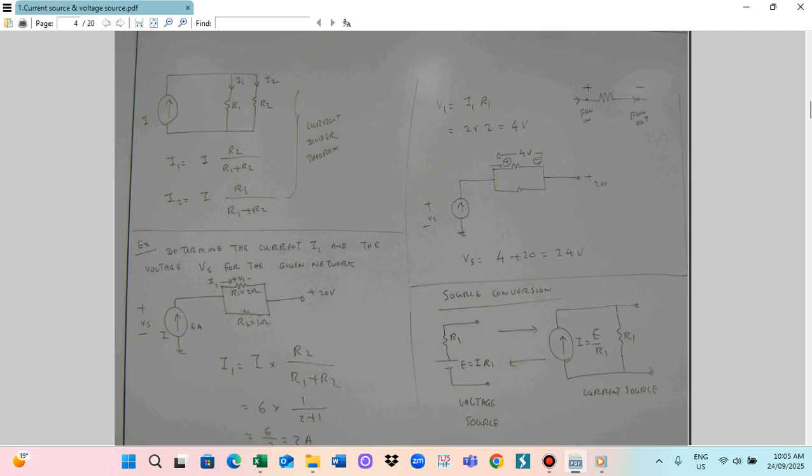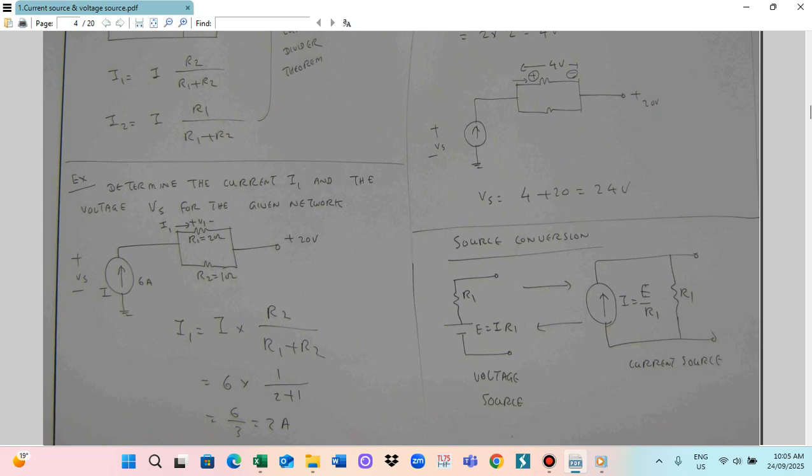So you can calculate the current I1 with the formula I1 equals the current I multiplied by R2 divided by R1 plus R2. And I2 you can calculate as I multiplied by R1 divided by R1 plus R2. This theorem we call the current divider theorem.